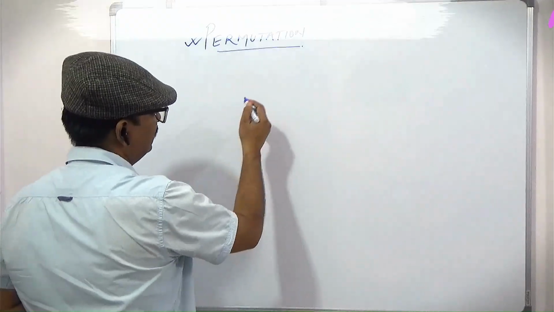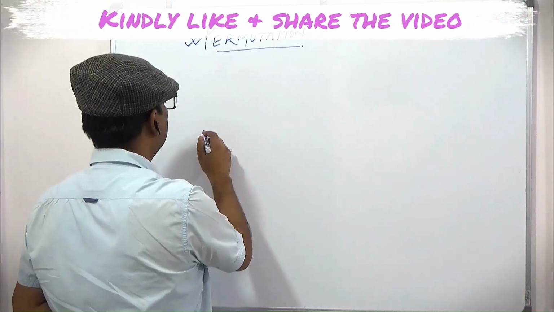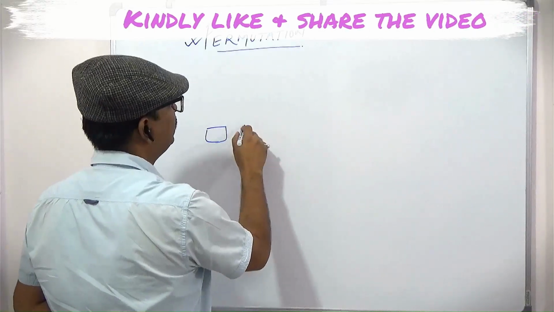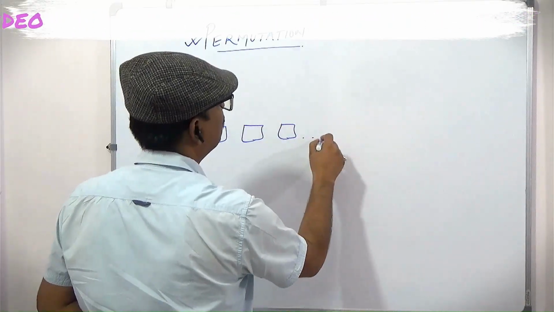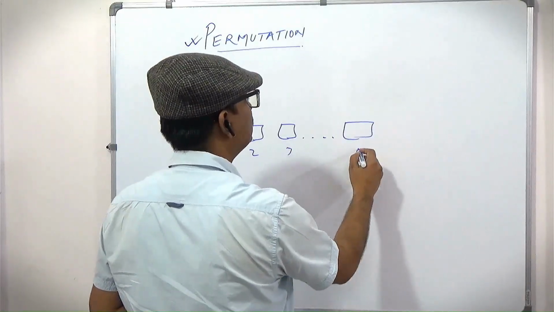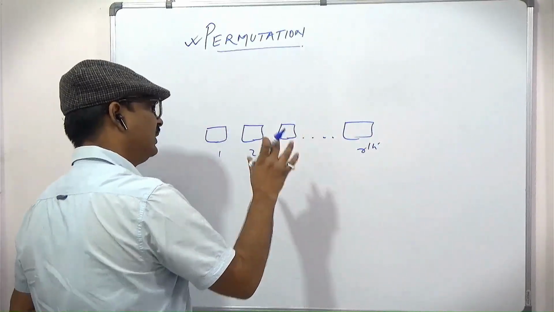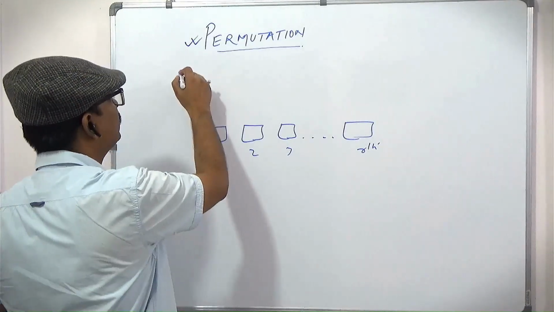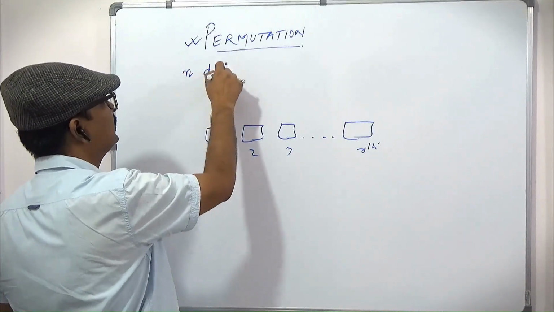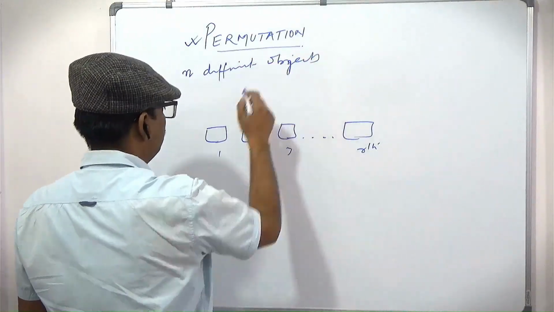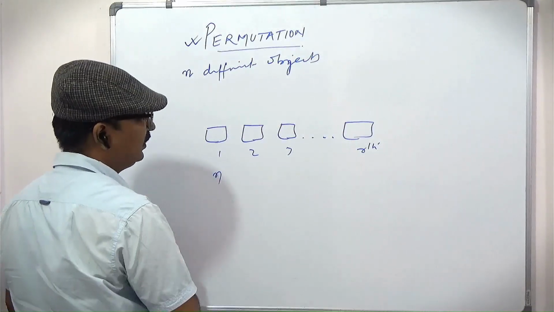Let's say we have r vacant places to fill, let's say this is 1, 2, 3, and this is the rth one. So we have r different vacant places to fill from n different objects. Here we can fill in n different ways.